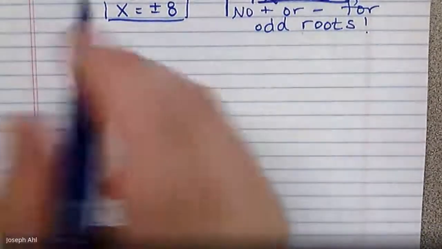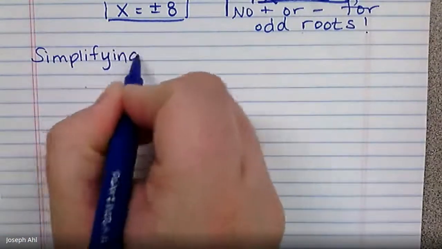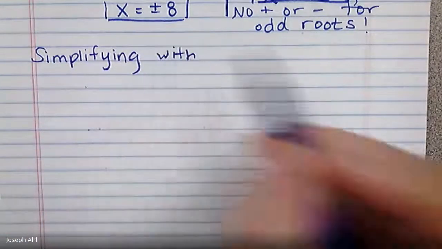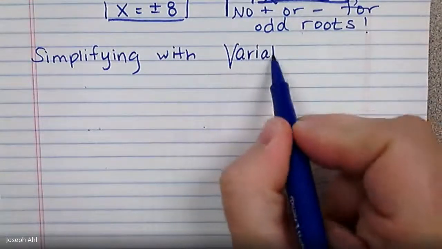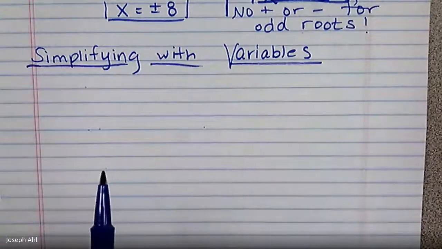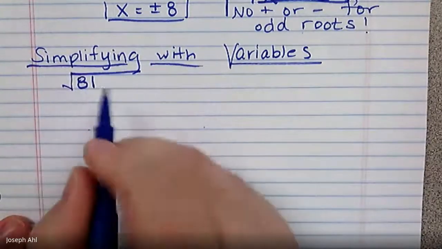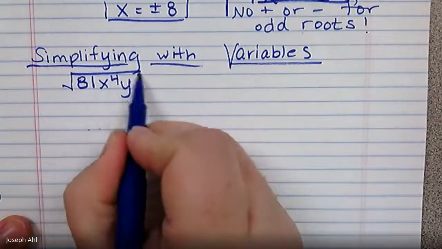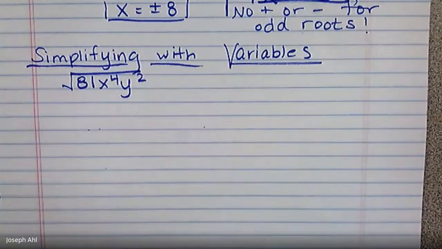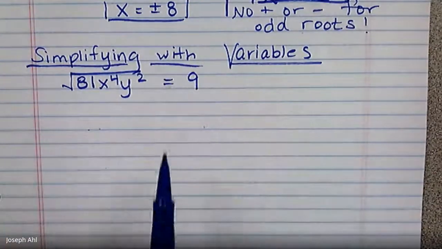Let's talk about simplifying with variables. So for example, if I have the square root of 81 x to the 4th y squared, and I wanted to simplify that, well, the square root of 81 is 9, so that's pretty easy for us to do.